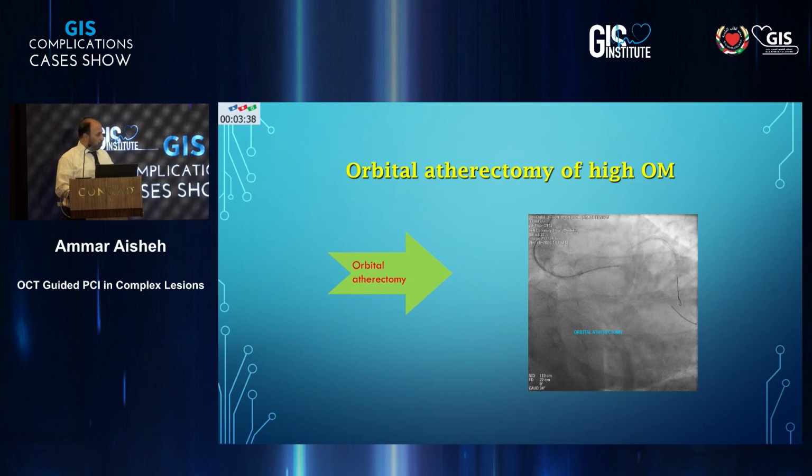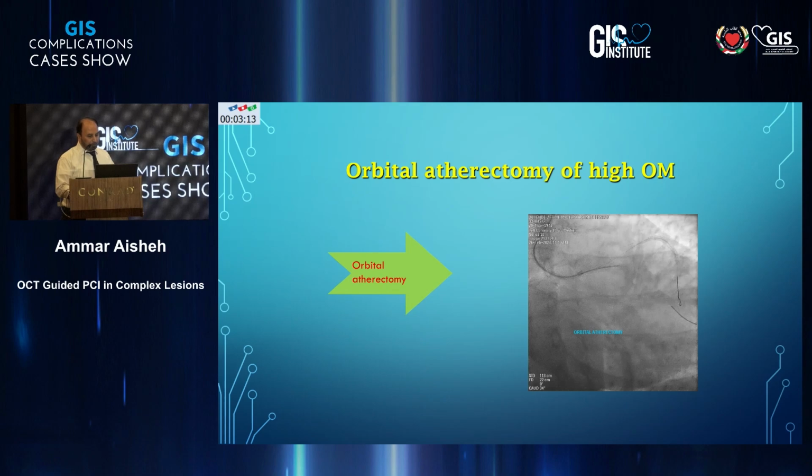They crossed with a glide, and then they did retro. In these cases, with this kind of guide support, if you can do this, it will give you better results. And also in tortuous anatomy for aorto-ostial lesions, this is a privilege of CSI.